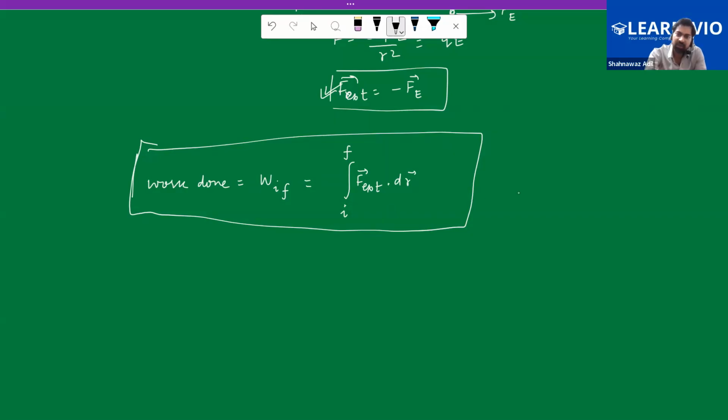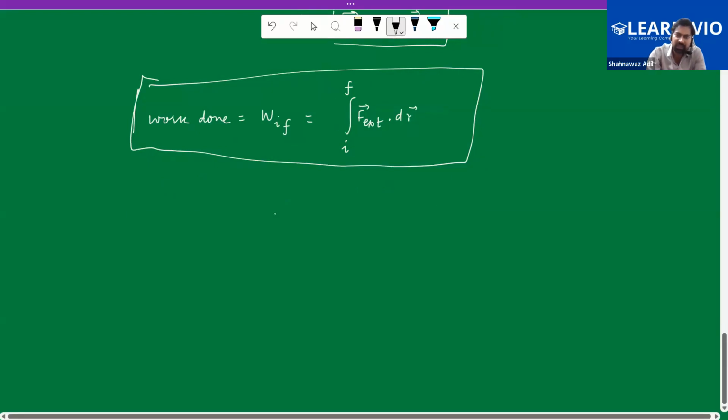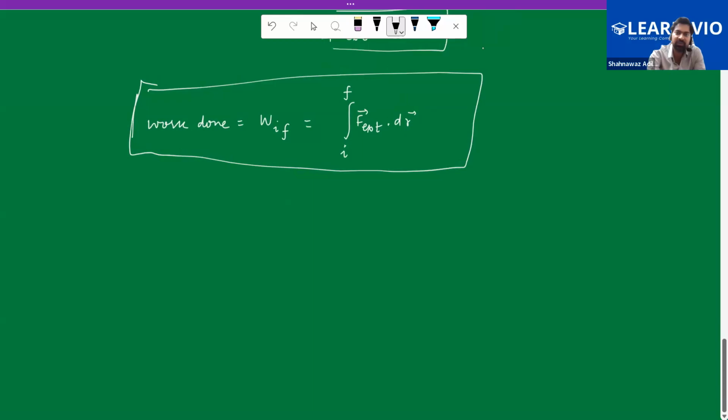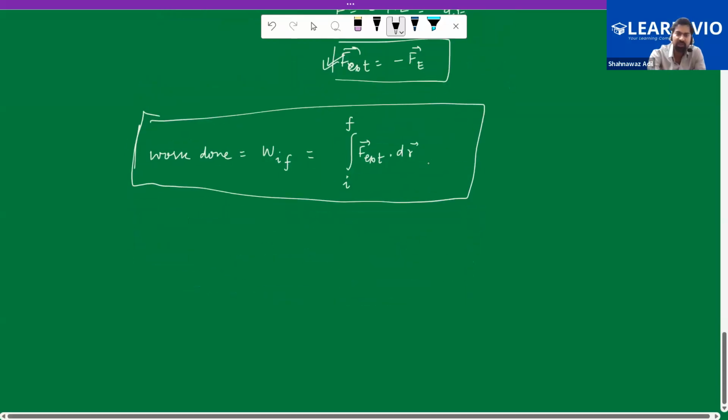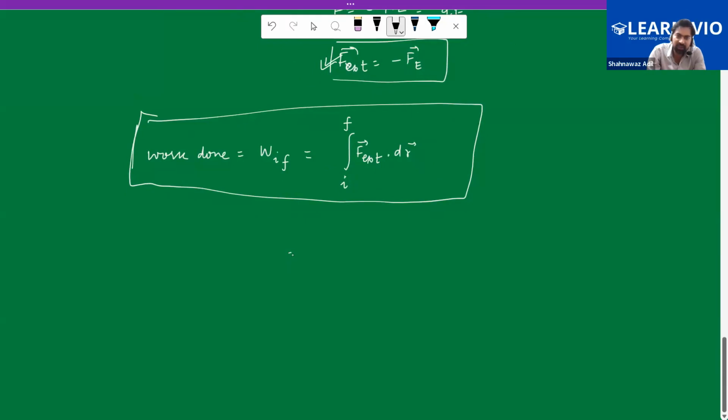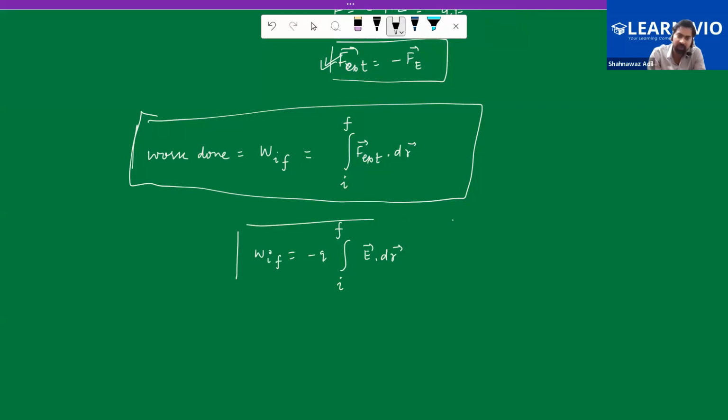Now, we know that this F external is the negative of this electric force. So in place of this, I can write the integral from initial to final of minus Q E dot dr. So this is the work done from initial point to final point.